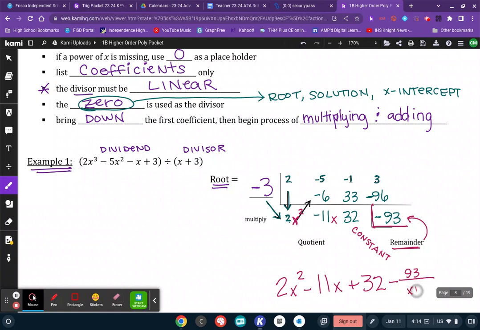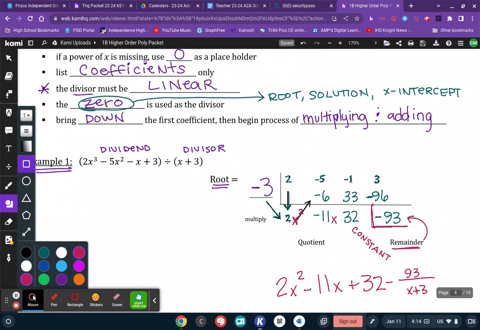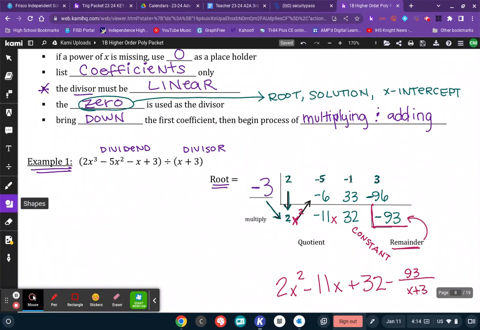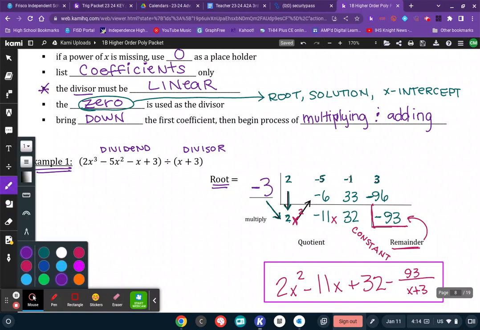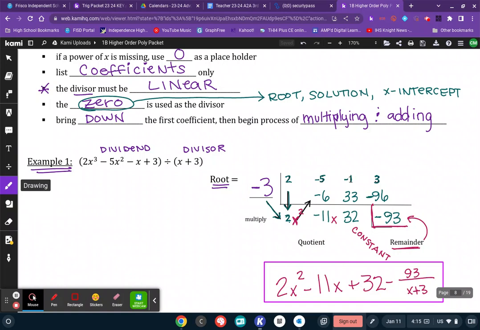So x plus 3 belongs in the denominator there. Okay, and there we have our final answer. So we're going to neatly put a box around that. And there we go.